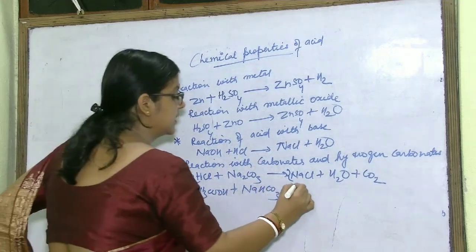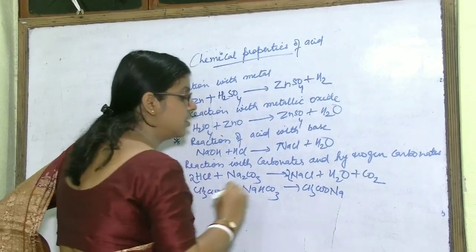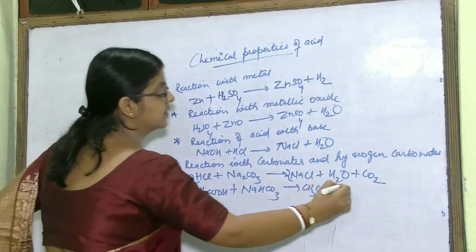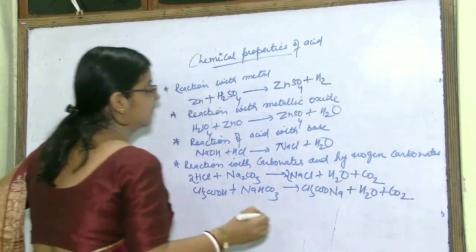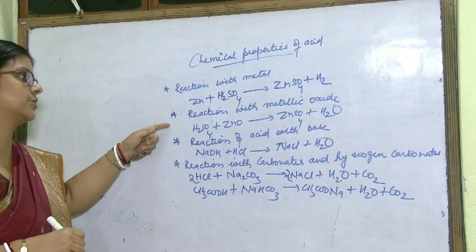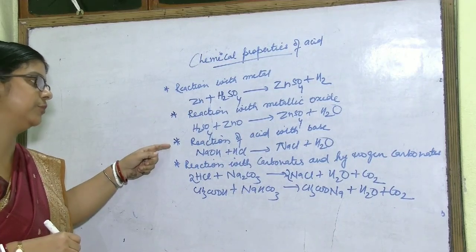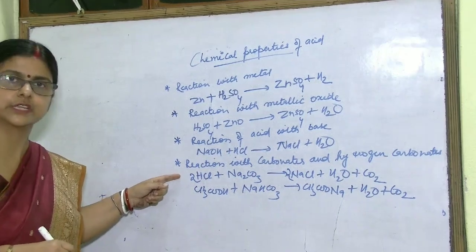What you will get? CH3COONa, salt, sodium acetate plus water plus CO2. So you study all these things: reaction with metal, reaction with metallic oxide, reaction with base, then reaction with carbonates and hydrogen carbonates. Next we will discuss it.